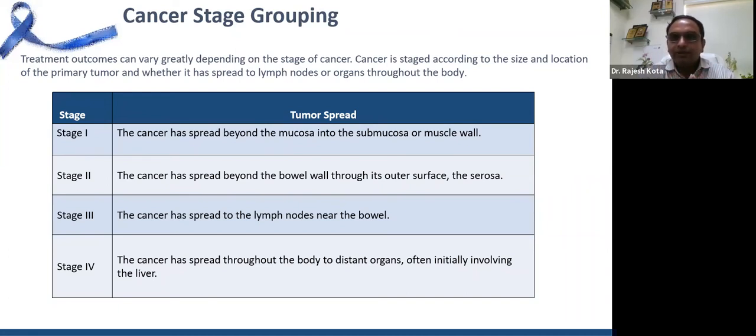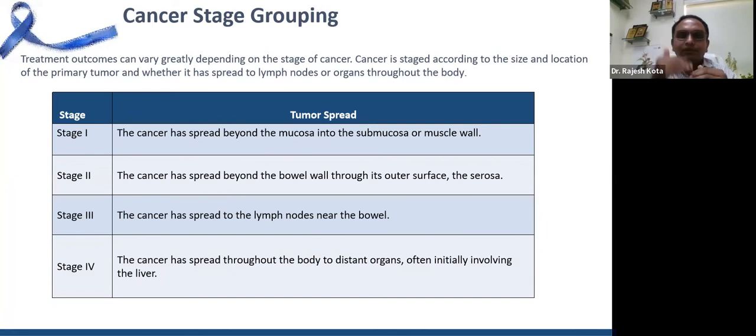In this case, for a colon or rectal cancer patient, if the cancer starts in the colon or the rectum and spreads to liver or lung or any other place, we call that stage 4 colon or rectal cancer. For stage 4 colon cancers, based on the areas of spread like lung or liver and based on the number of organs involved, sometimes we give treatments that are only helpful in palliating or giving a comfortable life to the patient.